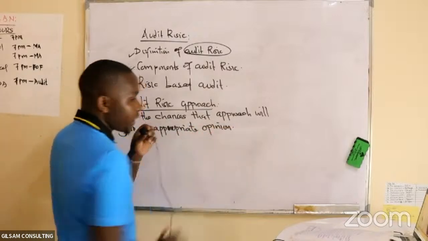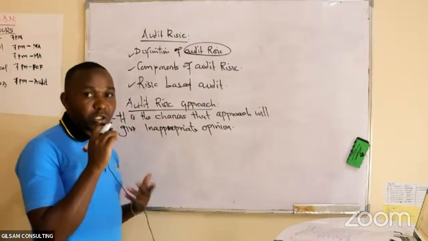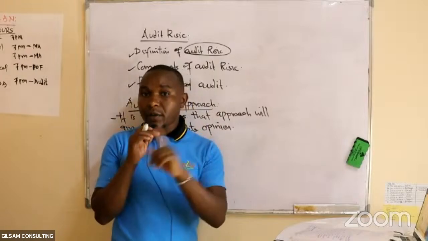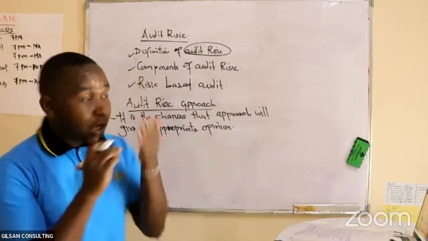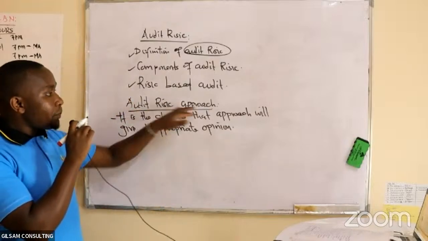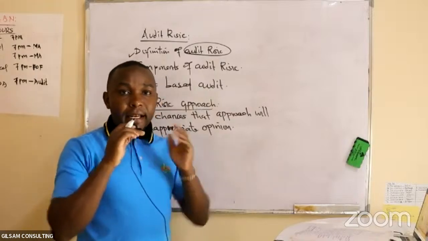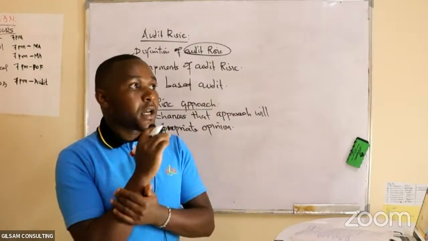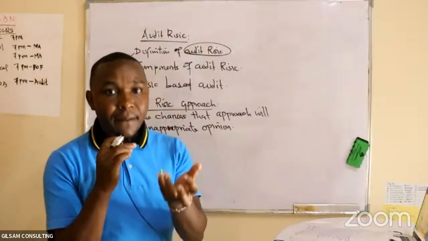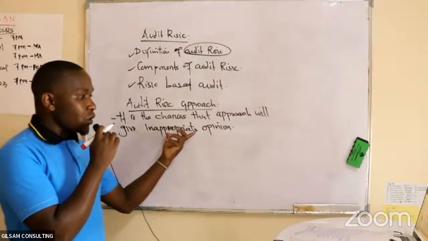Inappropriate opinion. The correct opinion which an auditor should give is an unqualified opinion, not a qualified opinion. That is the best opinion. So if you adopt the wrong approach, or you use the wrong strategies, or you have limitation of access to the books of account or to interview the company's staff, you will end up giving an inappropriate opinion.